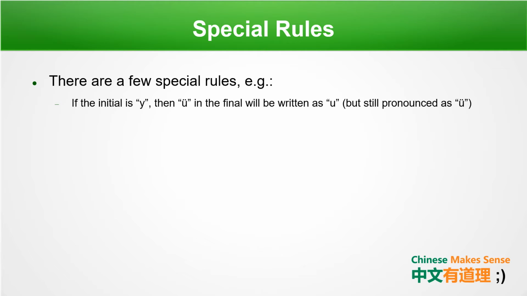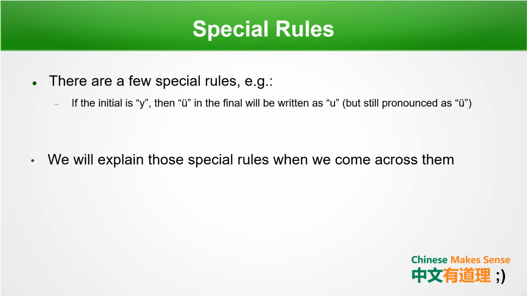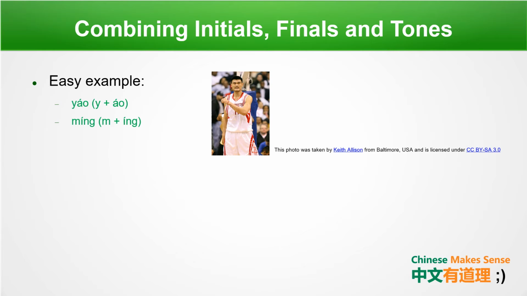There are also a few special rules, such as if the initial is Y, then Ü, the final will be written as U, but still pronounced as Ü. We will dive deeper into those special rules when we come across them. Now for combining initials, finals, and tones. Here's an easy example, Yao Ming.